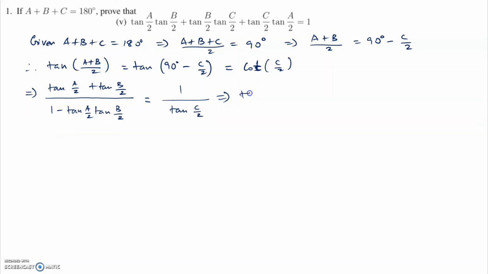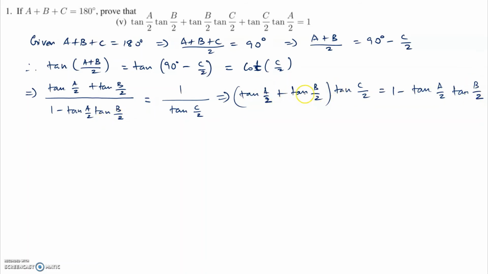So this will now become tan A/2 plus tan B/2 multiplying with tan C/2, and this is equal to, bringing this to the right hand side, 1 minus tan A/2 tan B/2.